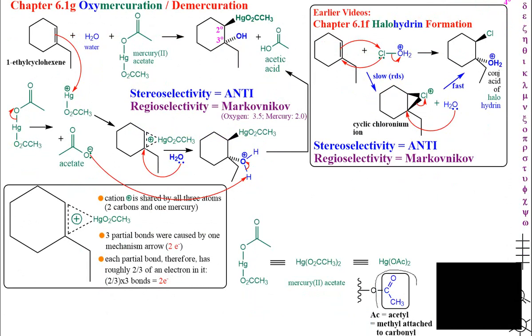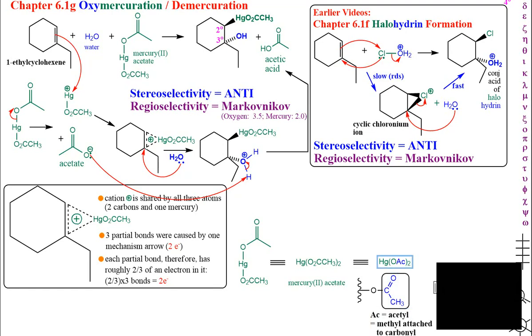This portion is the AC. I'll make it blue up here so it's clear that it doesn't include the other O. It includes just the CH3 methyl attached to a carbonyl. That's what acetyl almost always means.